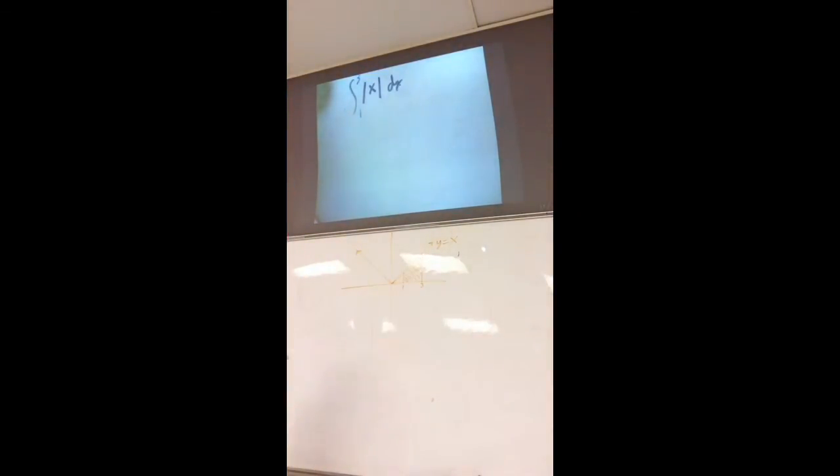If I only look at this portion of the graph right here, this is the line y equals x. So really, in doing the absolute value here, I'm really looking at the integral from 1 to 3 of x dx. Okay? And I can solve that out.